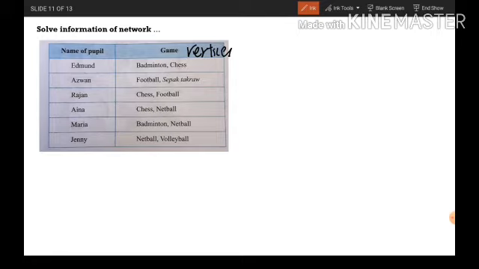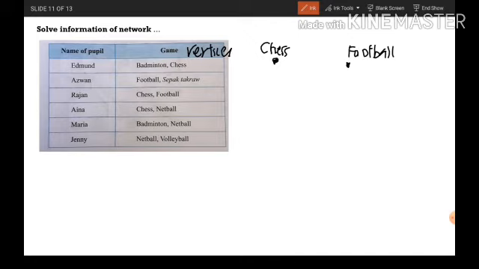So first we draw. I'm going to make a vertices. I'm going to put this as chess. And then we have football. You have to make sure the vertices that you draw must be connected with the people.